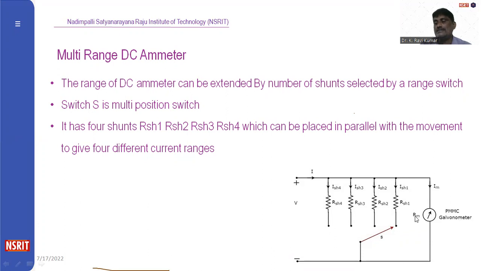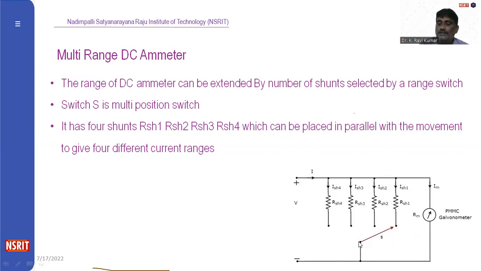The shunt resistance is connected parallelly with the galvanometer, and here we have different resistances connected parallelly, and we are arranging one switch here. If the switch is connected to this resistance, it will give this range of current. If you want to increase the range of the current, you have to connect this switch to this resistance.